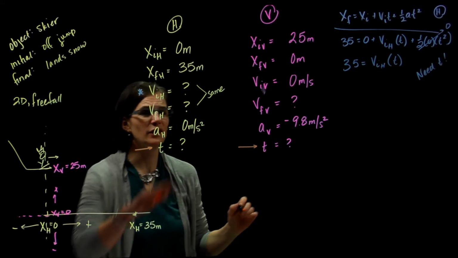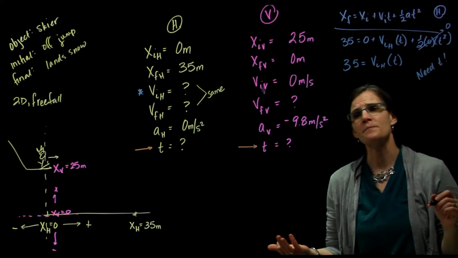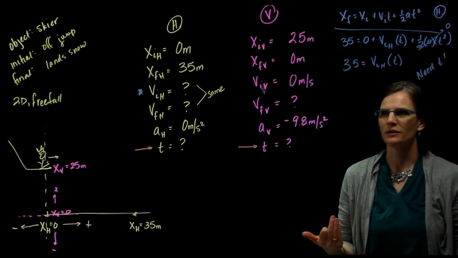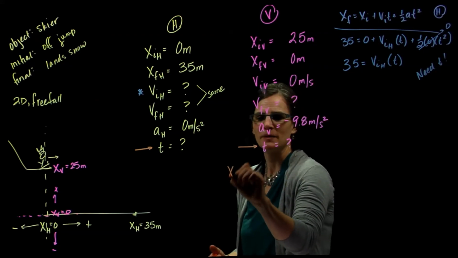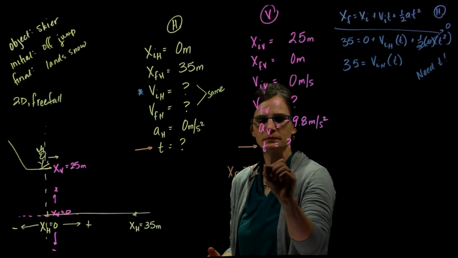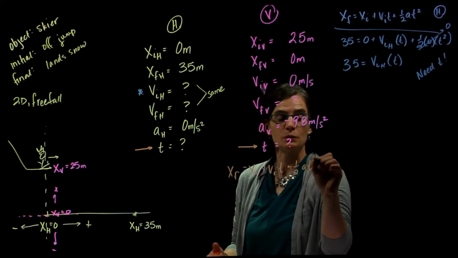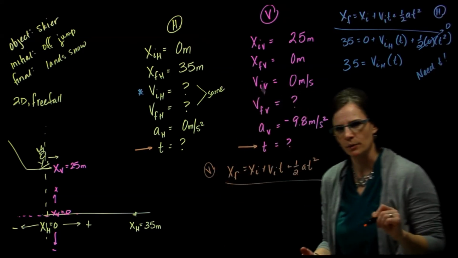Now, we've already exhausted what's usable in our horizontal dimension, but time's also in the vertical. So again, we look for that time being in both and understanding where we see more of the other variables we know. Again, that will be in our position equation. This will be a very powerful equation to use most of the time, but it's always important to assess if it's the appropriate one.